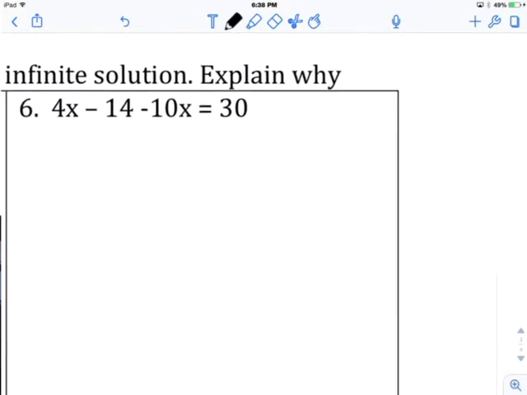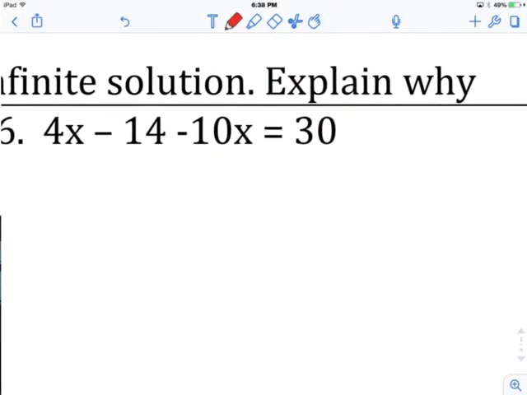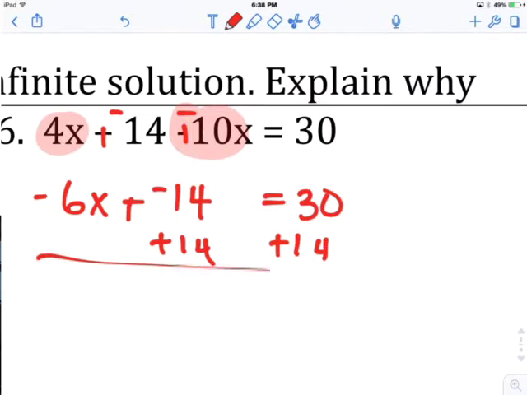This one here, combine this like term here, plus a negative. Negative 6x plus a negative 14 equals 30. Add 14, add 14. Negative 6x equals 44.